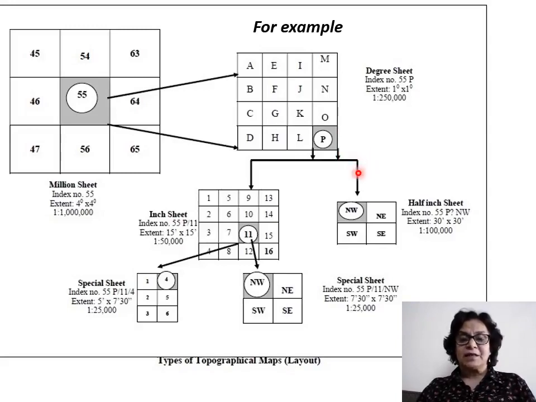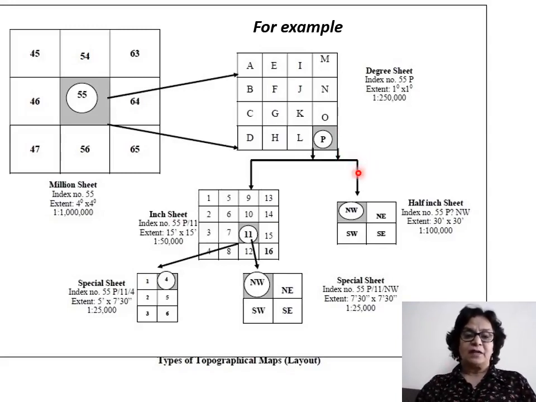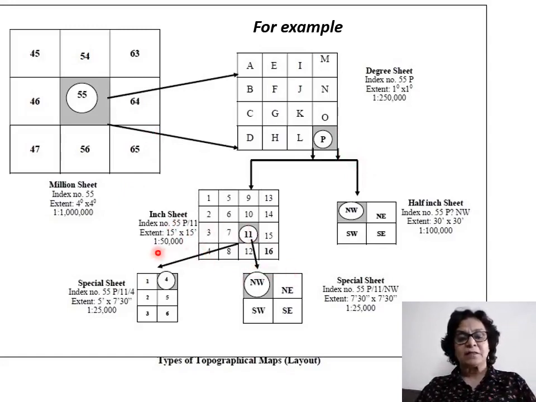These degree sheets have two ways in which they are divided. One is where they are divided into 16 parts, where each is known as the inch sheet, or in the metric system as the 1:50,000 maps. And the second subdivision is where it is divided only into 4 parts. So there it is known as the half-inch sheet.